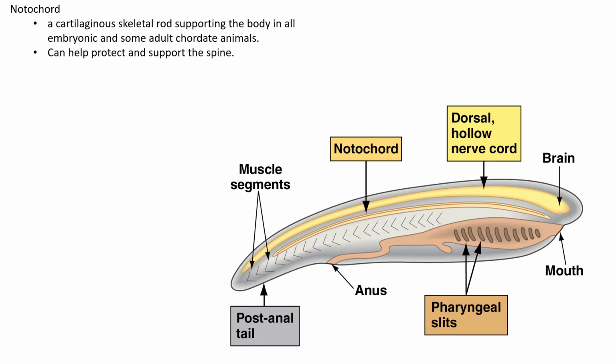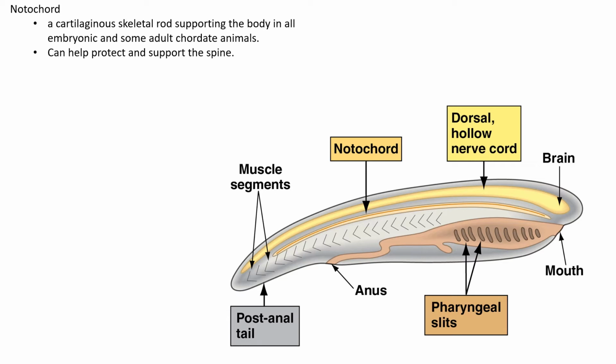Now the first structure is the notochord, and this is going to be a cartilaginous rod that is going to help support the embryonic body and will also provide support in some of the chordate adult bodies, depending on the group we're talking about. Now this is going to help protect and support the spine initially.